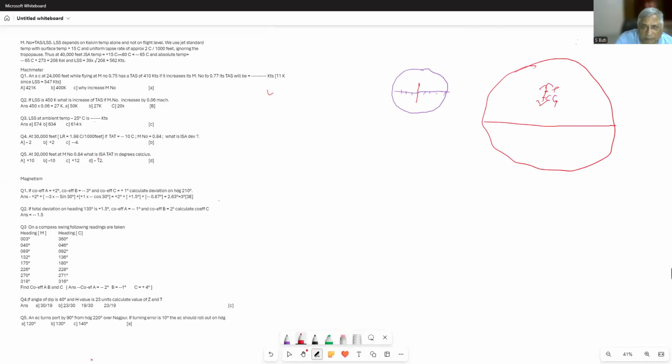The point of pivot is closer to the North Pole. In the southern hemisphere, the point of pivot will be closer to the South Pole and the center of gravity will lag behind. In both cases, the center of gravity is towards the equator.